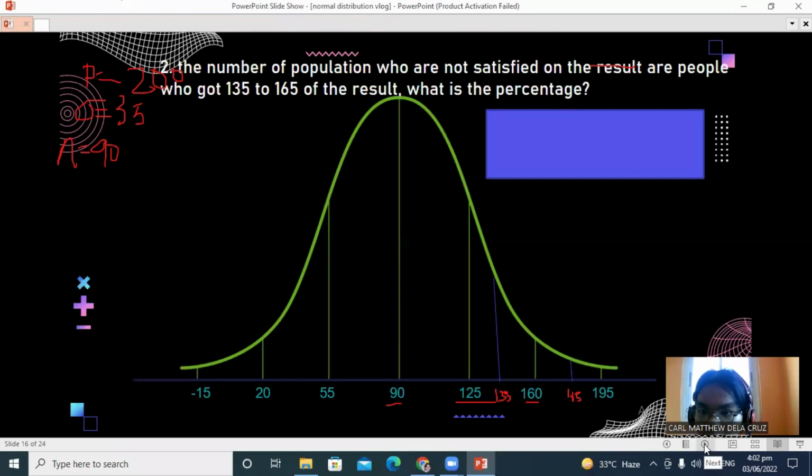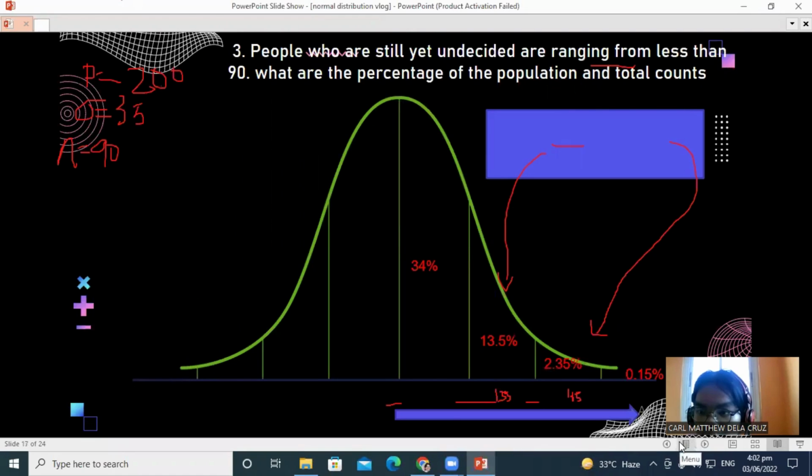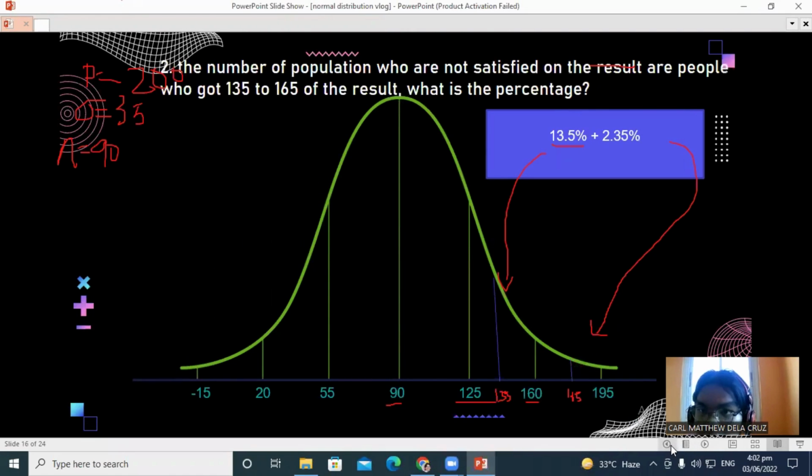So same scenario. This part is 13.5% and this is 2.35%. So we need to add the following. 13.5 plus 2.35 will give us 15.85.